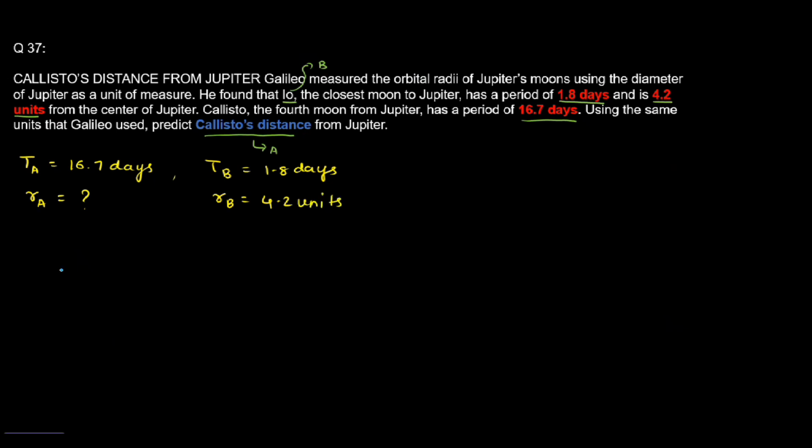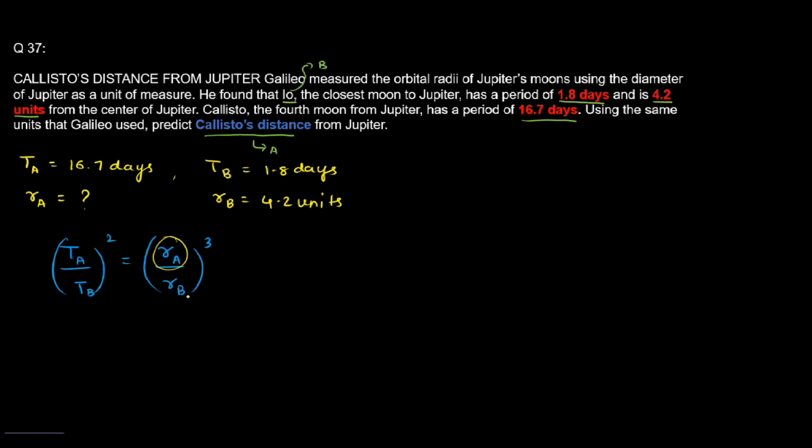Kepler's third law says that the ratio of time periods, TA over TB squared, will be equal to the ratio of average distances cubed. I want to find RA. If I want to find RA, I need to get rid of the term RB cube.